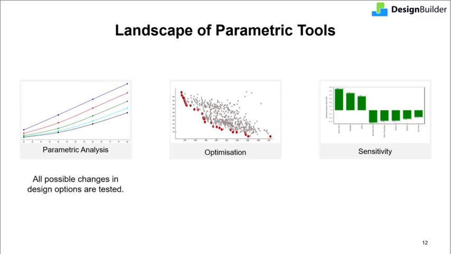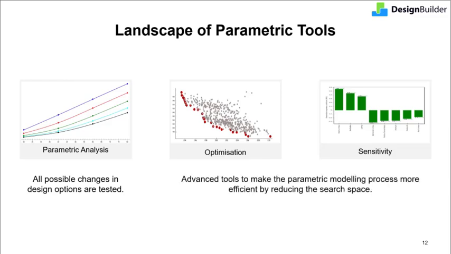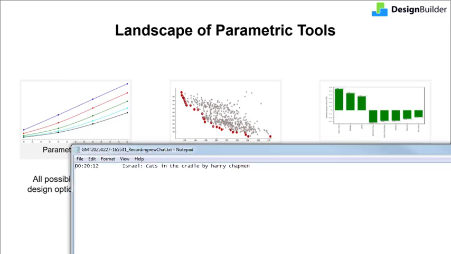For example, parametric analysis is a brute force method in which all possible combinations of design variables are tested. However, optimization and sensitivity analysis would be considered advanced tools because they can surgically search and reduce the search space, thereby providing a more efficient way to identify best design options.